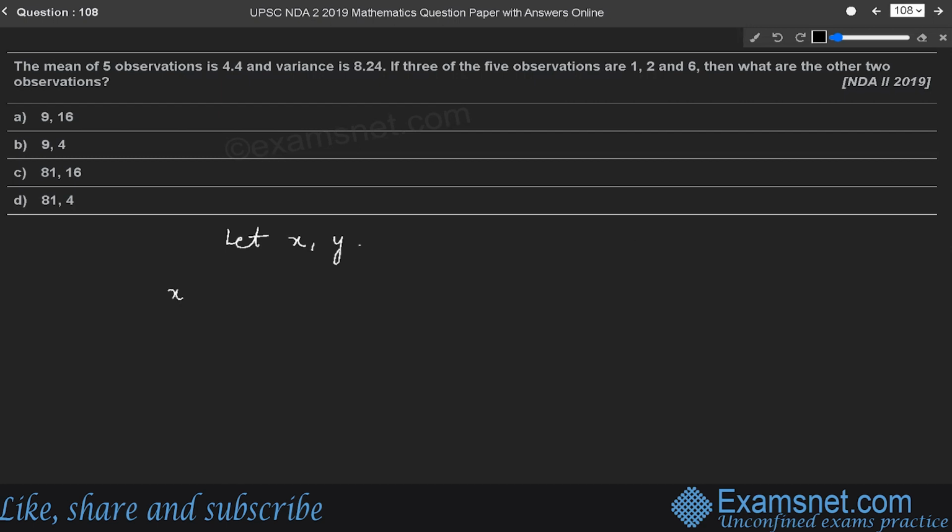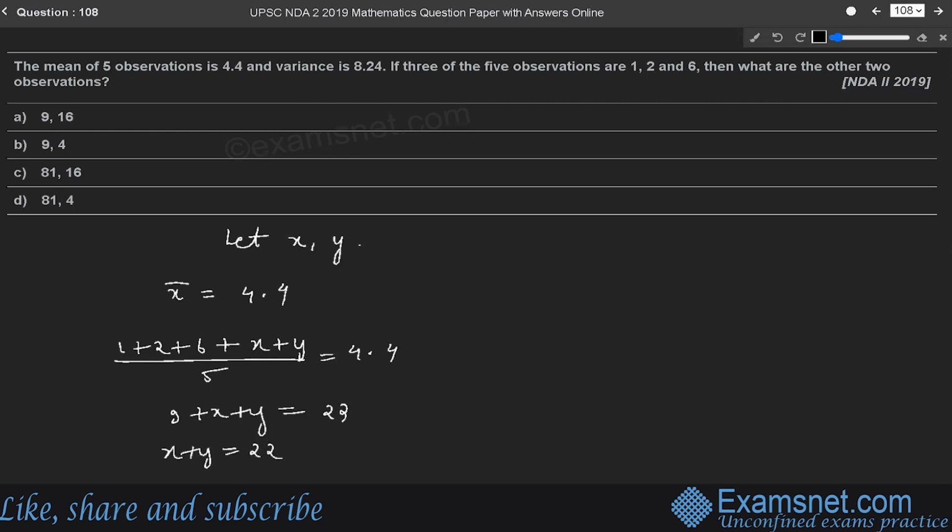So we can say that x bar, which is mean, is equal to 4.4 and the data here is 1 plus 2 plus 6 plus x plus y divided by 5 is equal to 4.4. So 9 plus x plus y will be equal to 22, or x plus y will be equal to 22 minus 9, which is equal to 13. Let this be equation number 1.